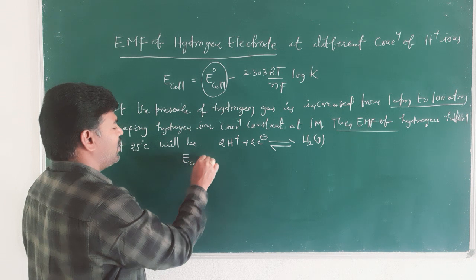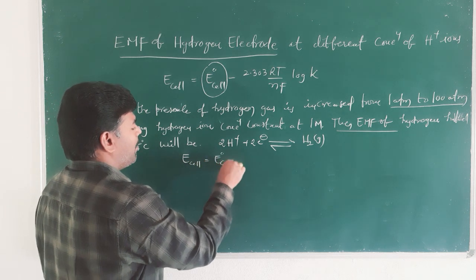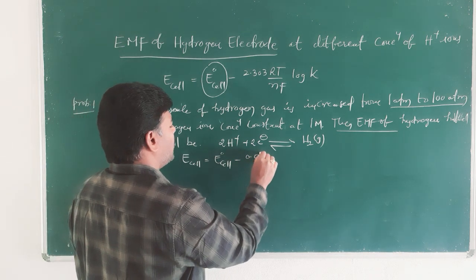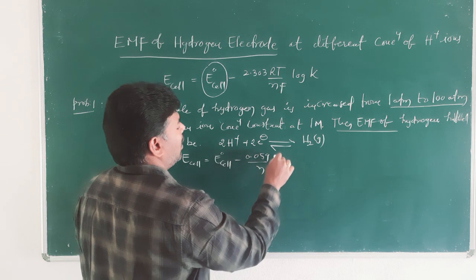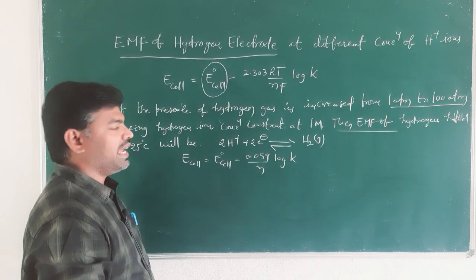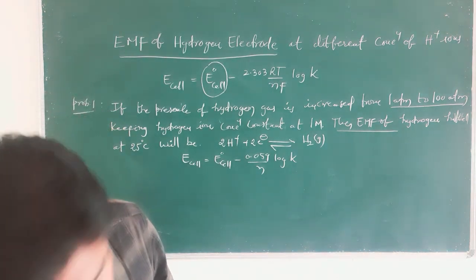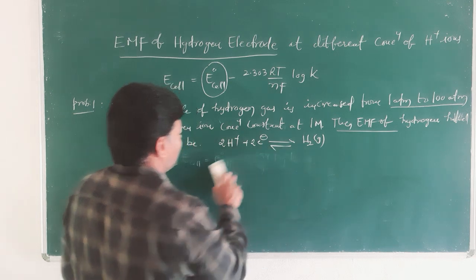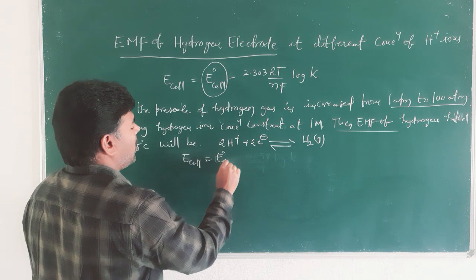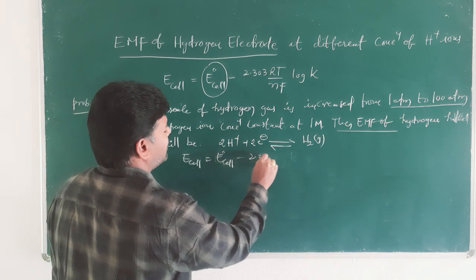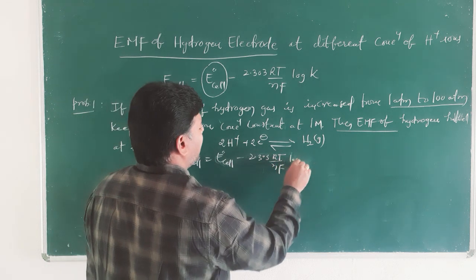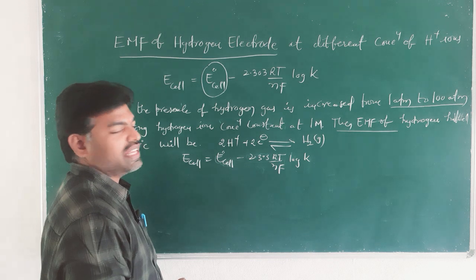E cell equal to E naught cell minus 0.059 by n log K. I can write this as the basic equation: E cell is equal to E naught cell minus 2.303 RT by nF log K. This is the Nernst equation.